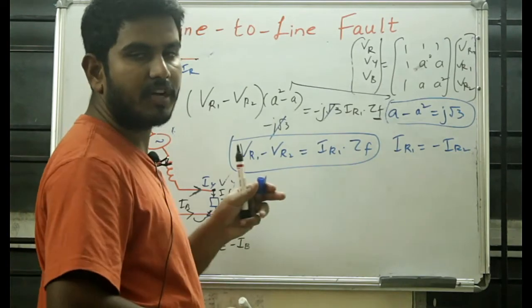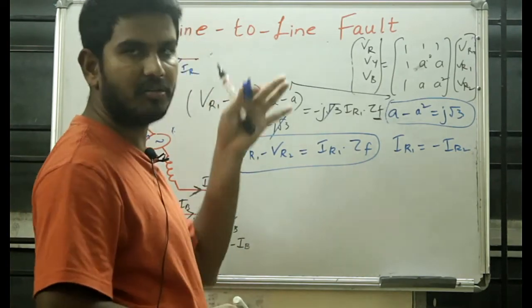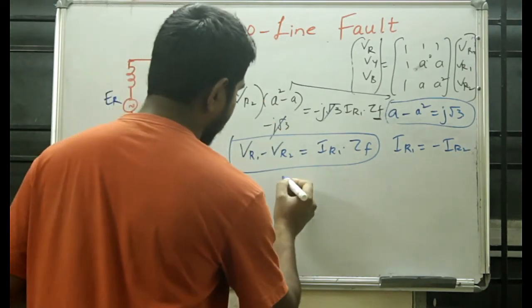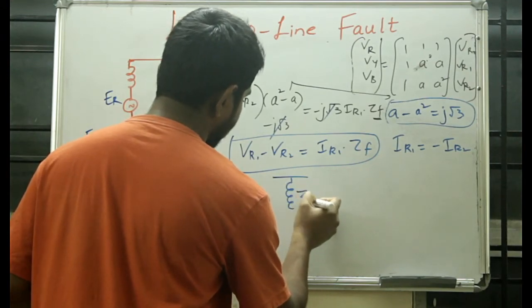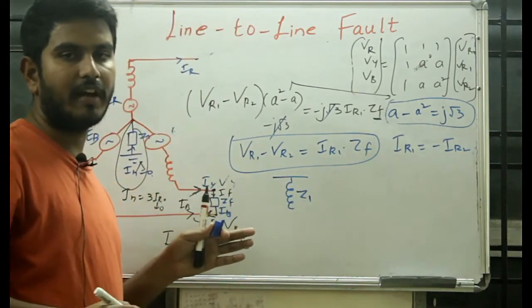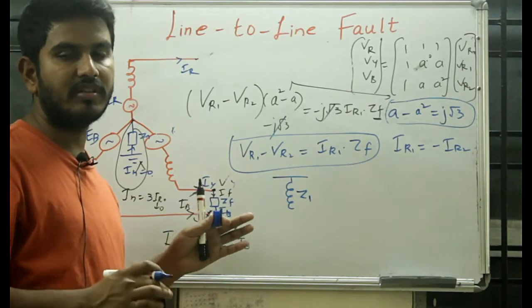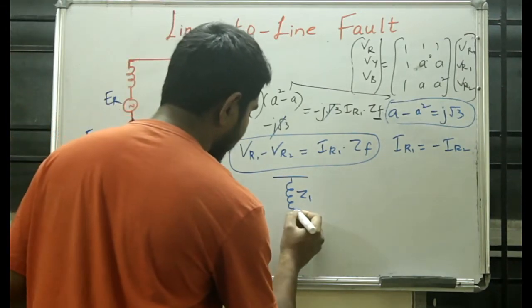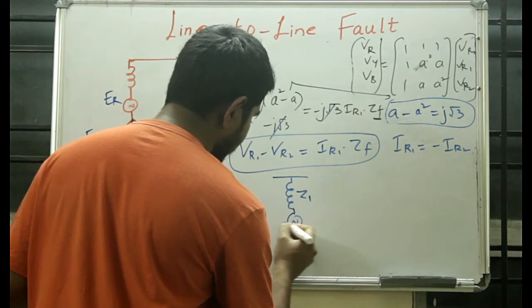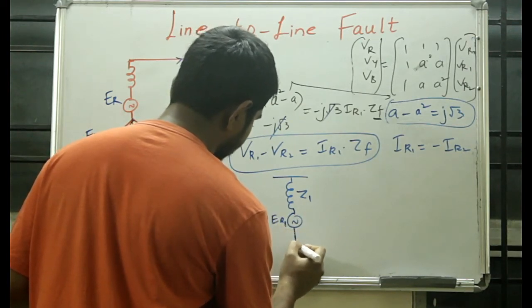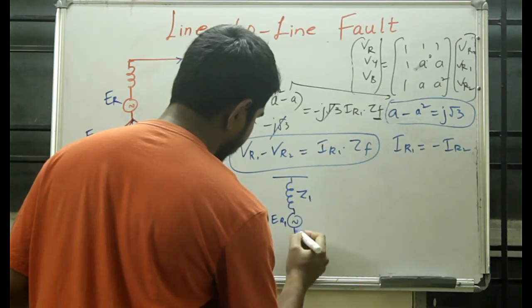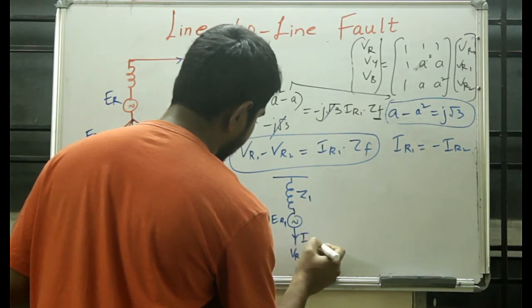Now let us draw the per phase equivalent circuit diagram for this line to line fault condition. If I say this is the positive phase sequence, we have the impedance Z1, and in the alternator we have only the positive phase sequence induced EMF, for the reason we discussed in our earlier videos. So this will be ER1, this will be your VR1, and the current flowing will be IR1.